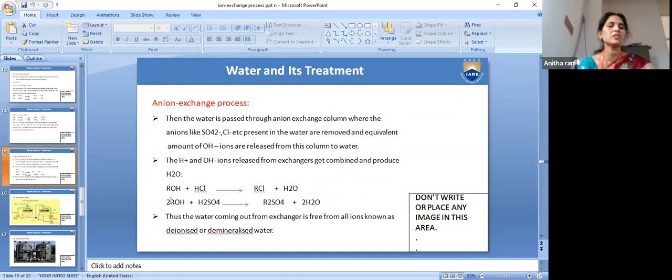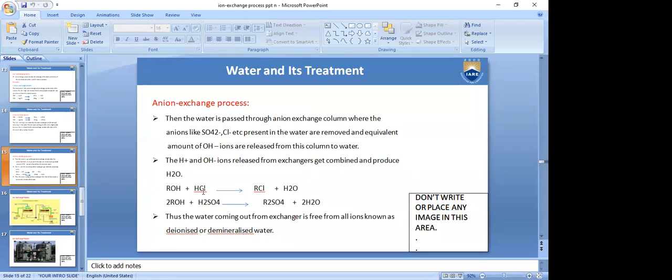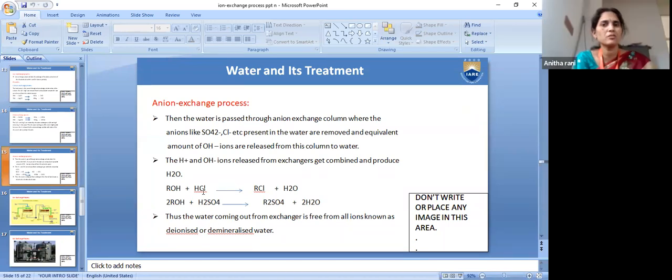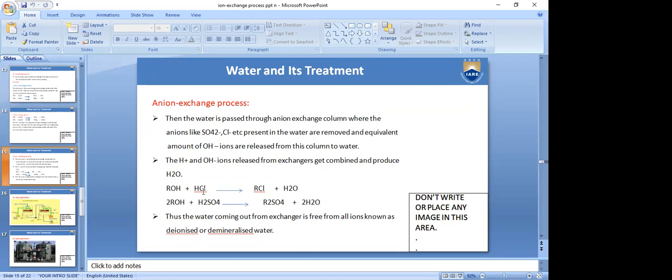What happens in the anion exchange process? What are the anions present in the hard water? Cl minus and SO4 2 minus ions. What are the anions present in the anion exchange resin? OH minus ions.